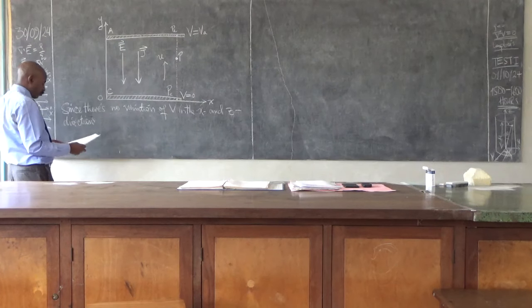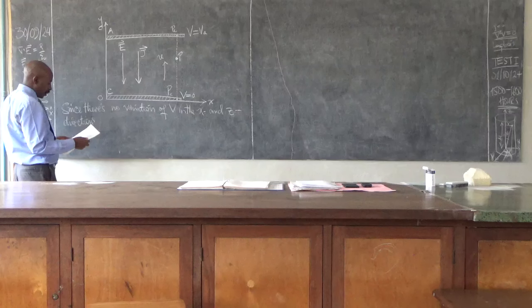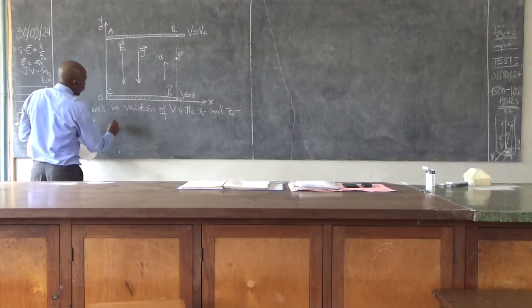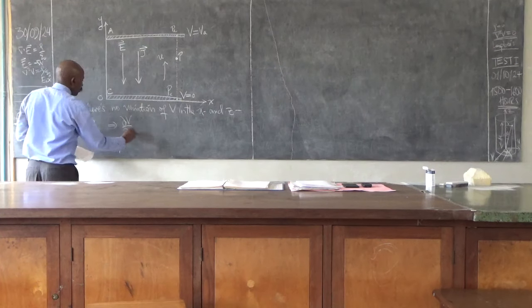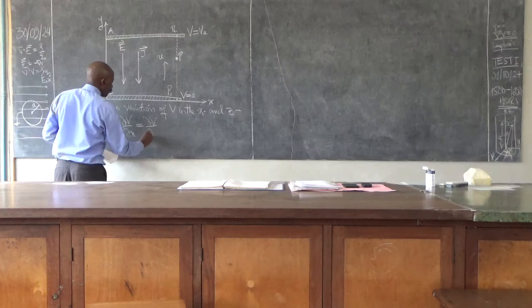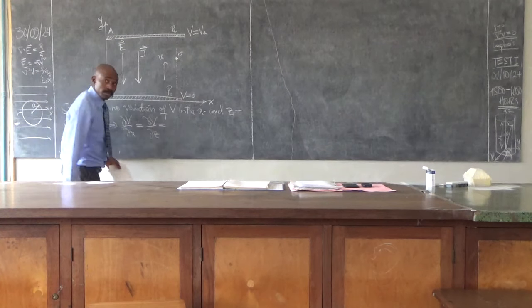And when that is true, that you don't have any change in the potential in these directions, then it means that any change in potential along the X would be the same as along the Z, and this is equal to zero.